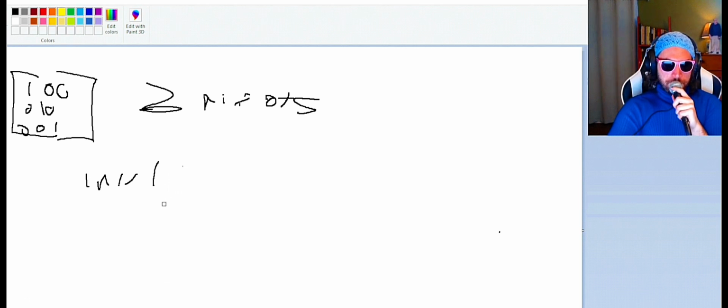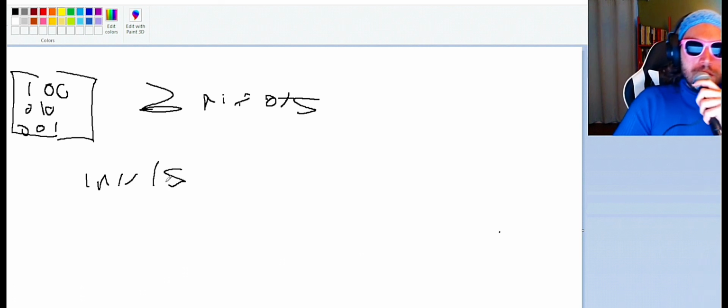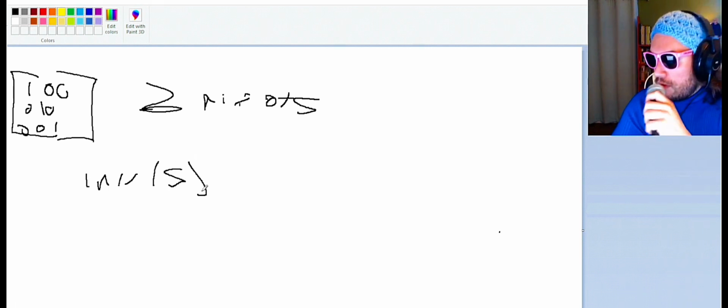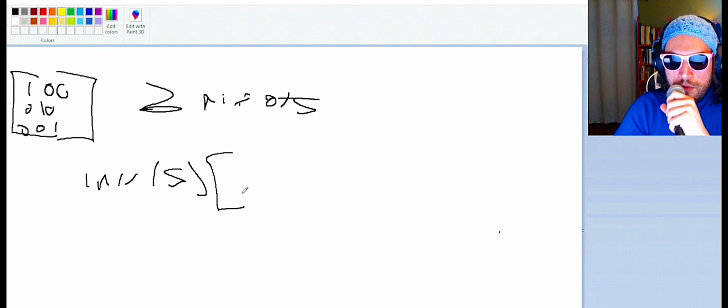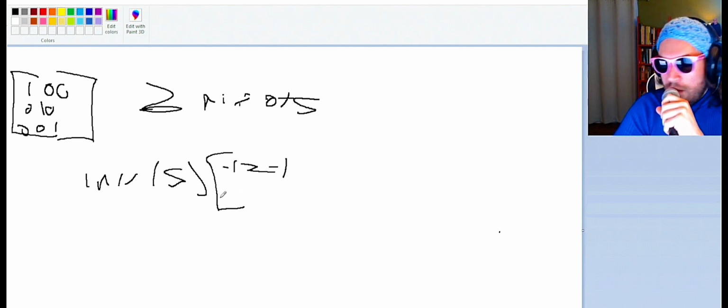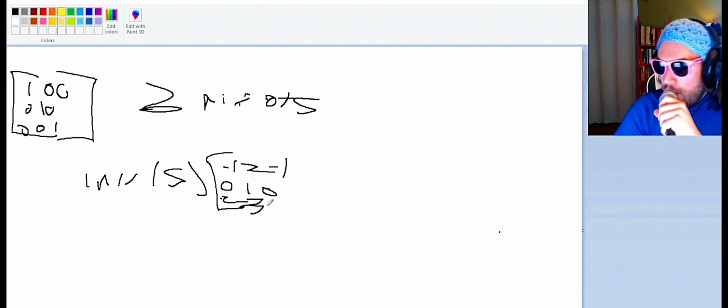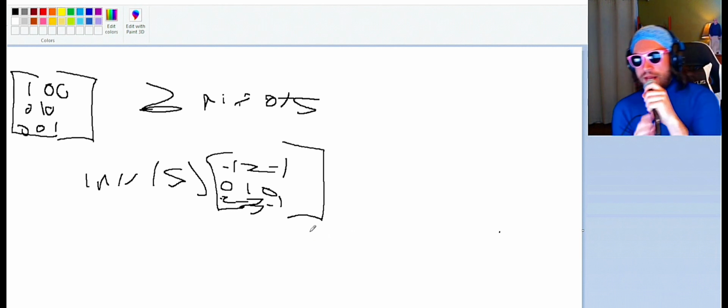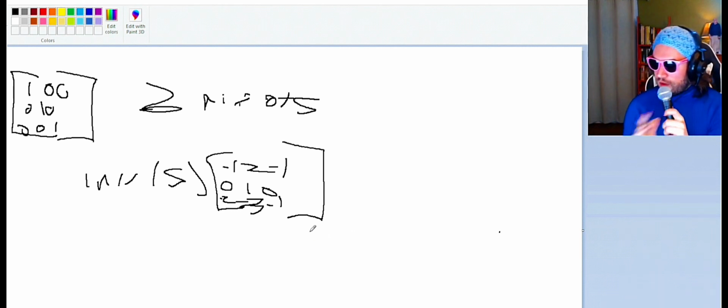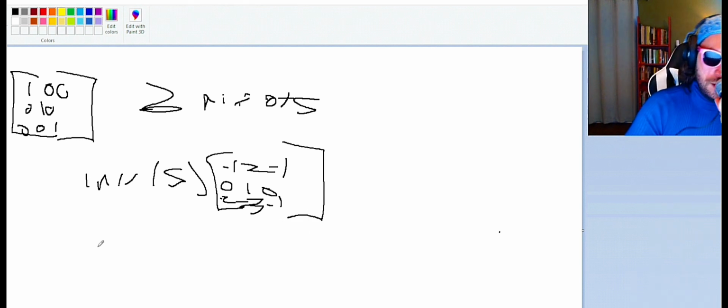Inverse S. Inverse S, -1, 2, -1, 0, 1, 0, -2, -3, -1. Should do the trick. So that means that S is invertible as well. So it's definitely a basis of R3. I'll type that out.